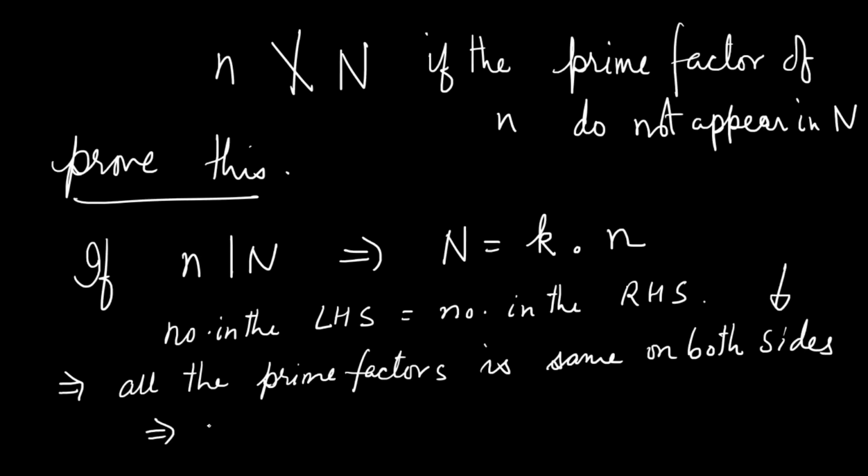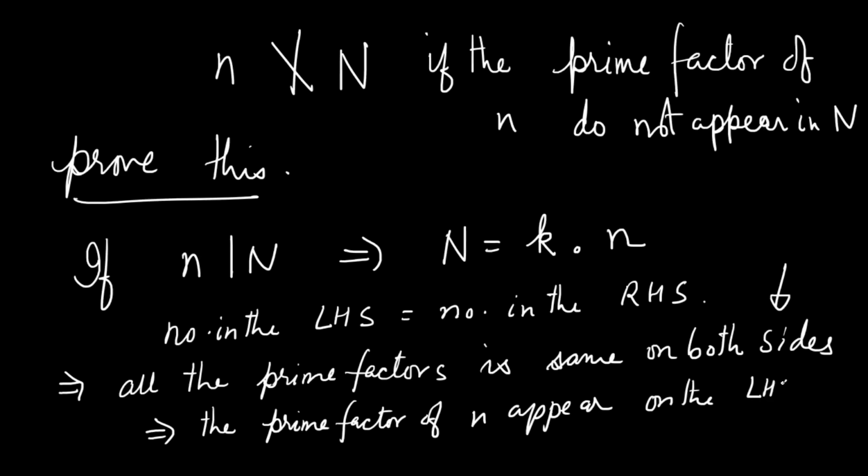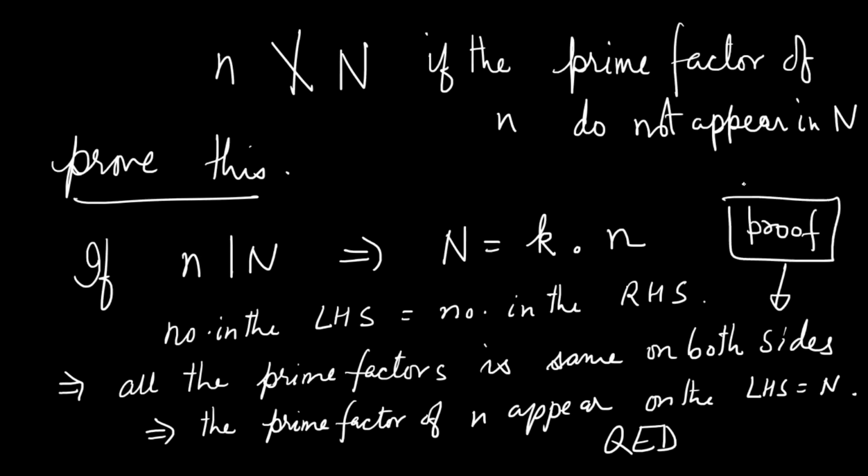This implies that the prime factors of small n appear in capital N. So that's it, QED. Just want to point out the role of the fundamental theorem of arithmetic in this proof. It's a fact that we use, it's embedded into our thinking, but it's good to know that we are confident that this is all fine because of the fundamental theorem of arithmetic.